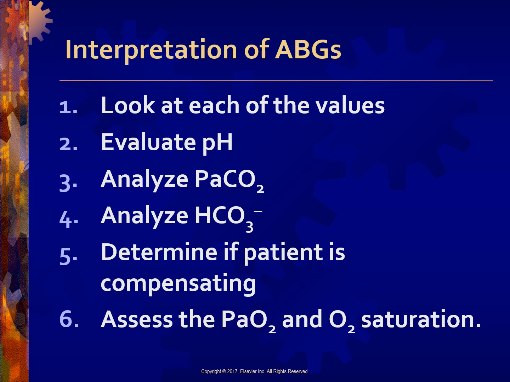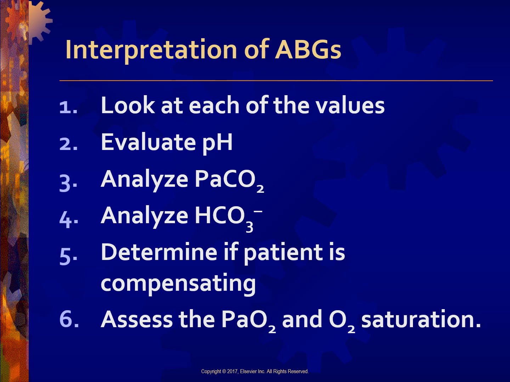For example, if the pH is slightly acidotic, like 7.33, the CO2 is high at 55, and the bicarbonate is high, like 36, then the CO2 is the parameter that matches the acidotic pH. The patient's underlying acid-base imbalance is respiratory acidosis. The bicarbonate level is alkalotic. Since this is in the opposite direction of respiratory acidosis, there is compensation occurring.